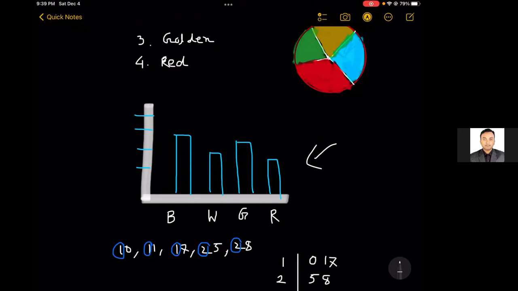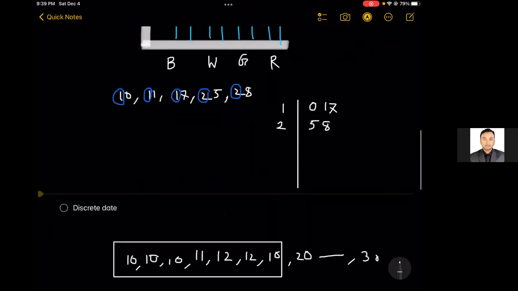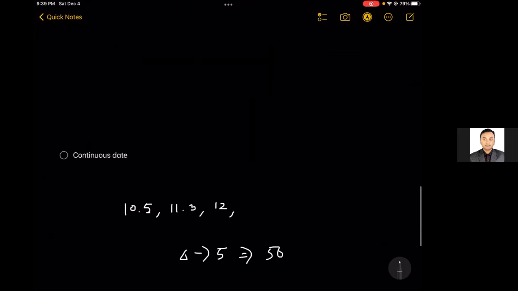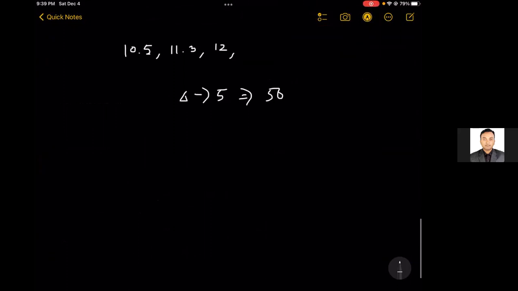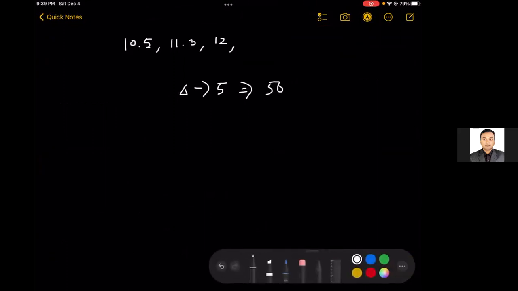But a pie chart or a histogram could be easily used for this. That's the good thing about a histogram. We generally use ranges like this.